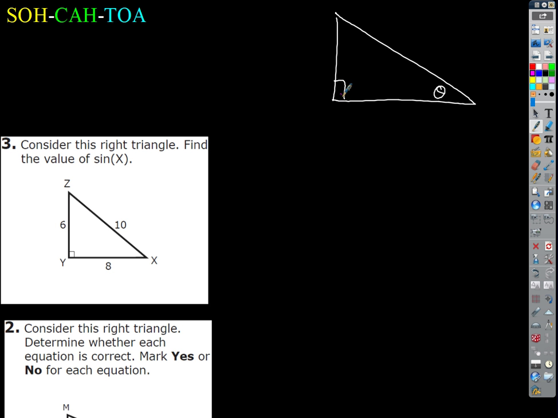Okay, so the one opposite the right angle, right? So that's my hypotenuse. If that's the angle that we're working with, what's the opposite side? Okay, over there, right? And how about this would then be the adjacent? Adjacent means next to.